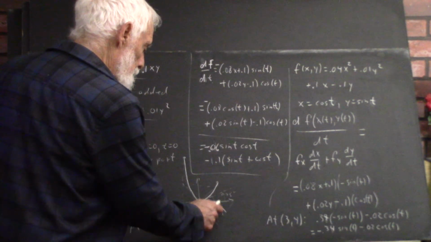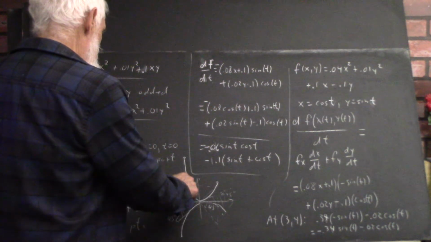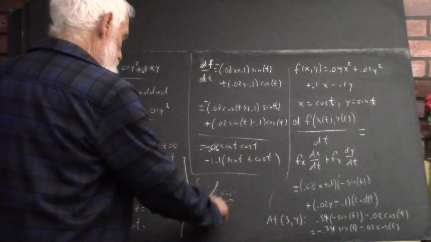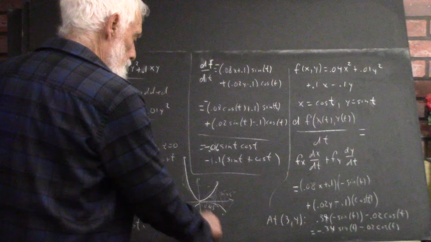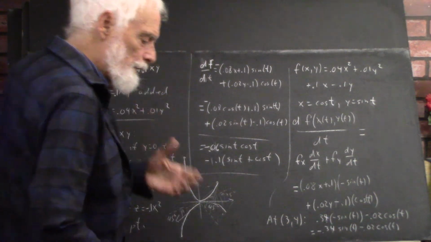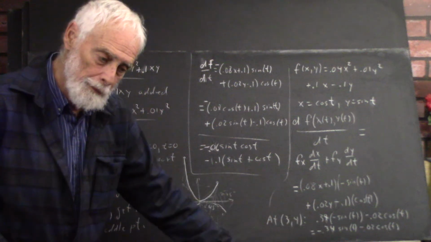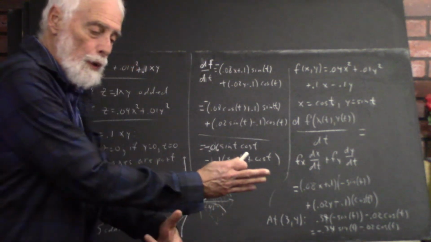I'm afraid to do too much shading. And an upward parabola here above this line. It opens upward this way, opens downward this way, and it coincides with the x-axis and the y-axis.